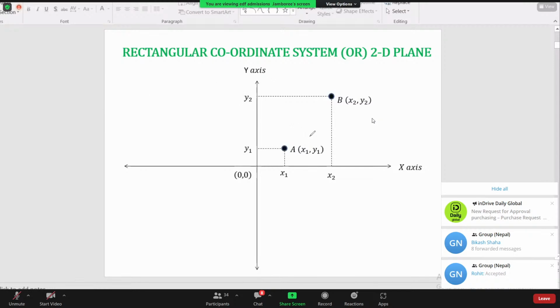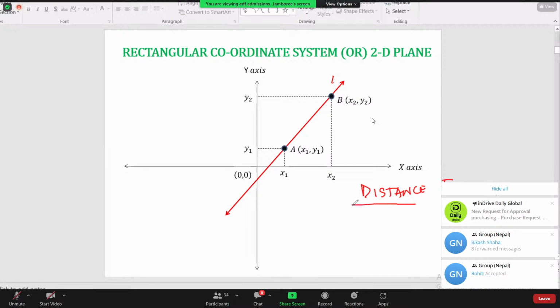Let's say there is a point A whose coordinates are x1, y1, and another point B whose coordinates are x2, y2, and a line passes through these 2 points A and B. Now let's say we need to find the length of the line segment AB, or the distance between the 2 points A and B. To find the distance between 2 points, we will be using the distance formula.